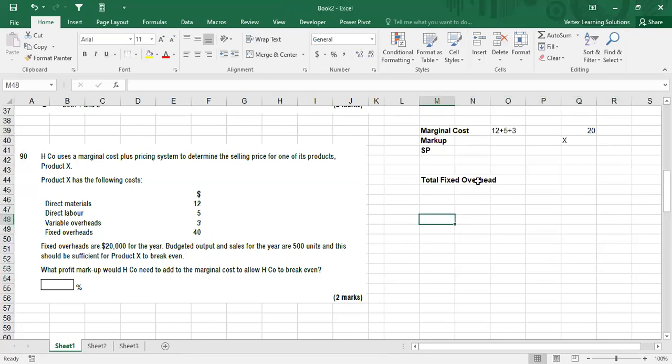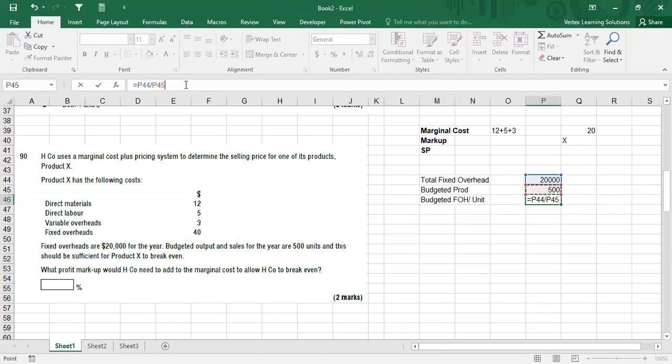So we would say that total fixed overhead is 20,000 and my budgeted production is, I don't know how much, 500 units. It means that your budgeted fixed overhead per unit is going to be 20,000 divided by 500.